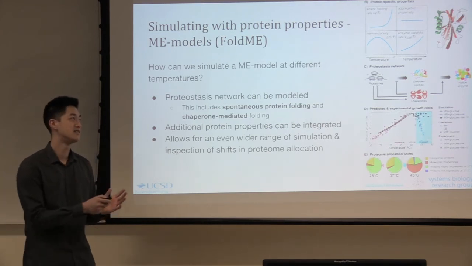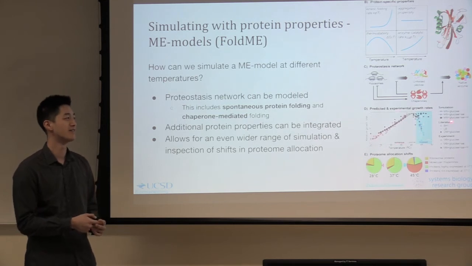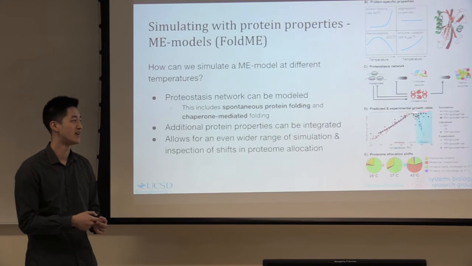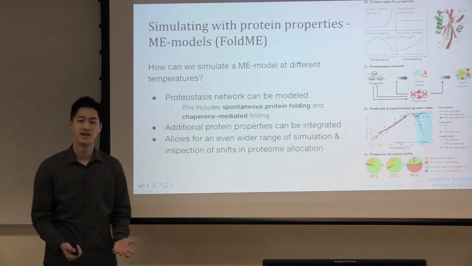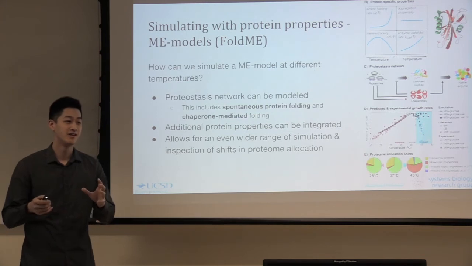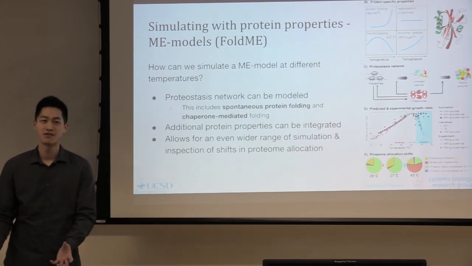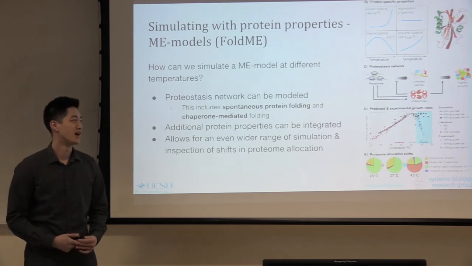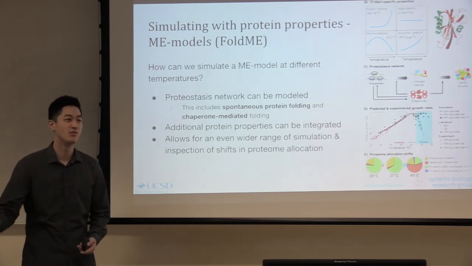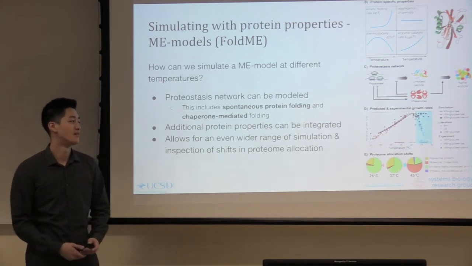And so what that allows you to do is simulate, again, at different temperatures, but at a much more accurate level now. So here the line represents the simulation, and the dots are the experimental data. And so incorporating the trade-off between should I remain correctly folded using my chaperones, or should I produce more protein because there's more unfolded proteins being created?